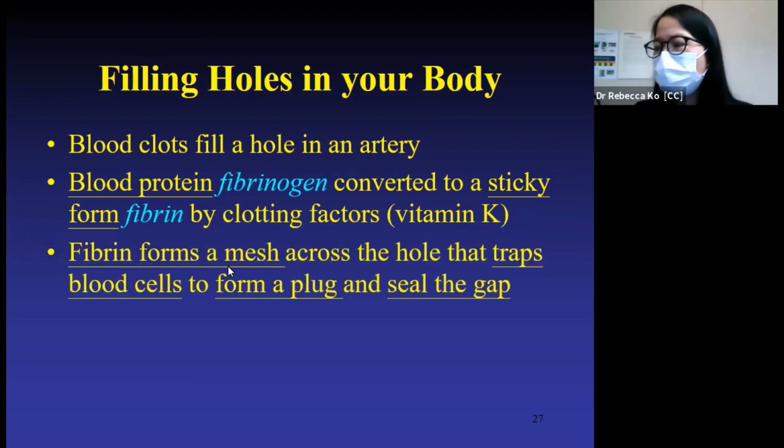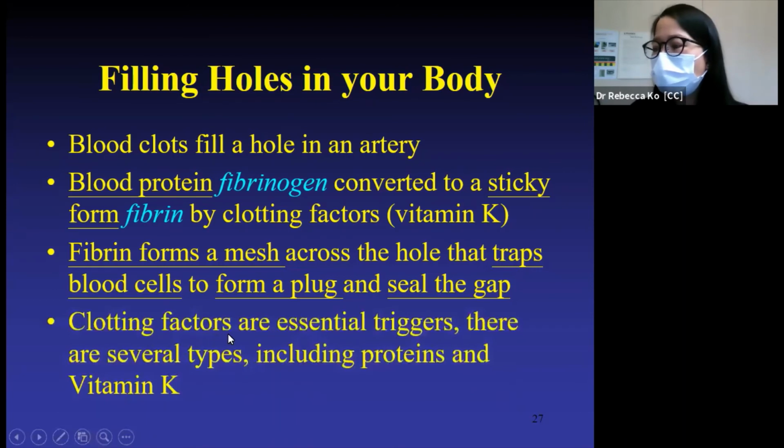The fibrin forms a mesh across the hole in the artery, trapping the blood cells, stopping the bleeding, forming a plug and sealing the gap. It covers and blocks the hole so that our bleeding can be stopped. Those clotting factors are essential triggers, including several proteins and also vitamin K. So that's why we say vitamin K is essential.